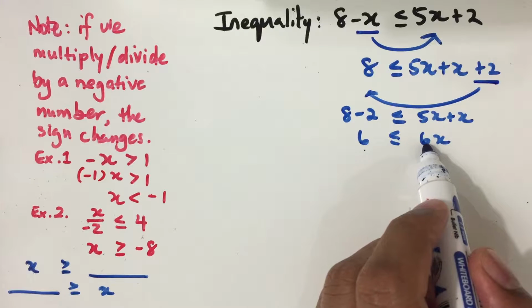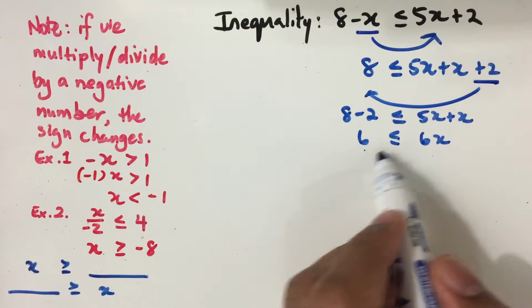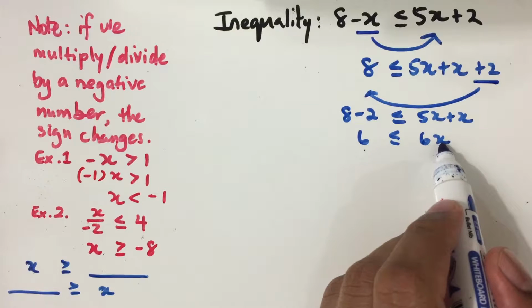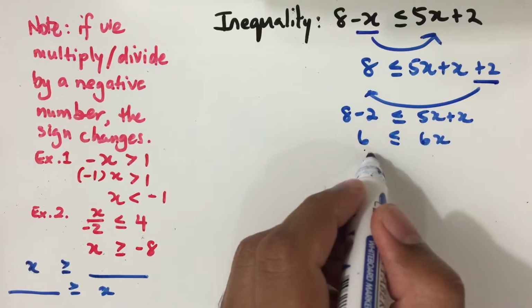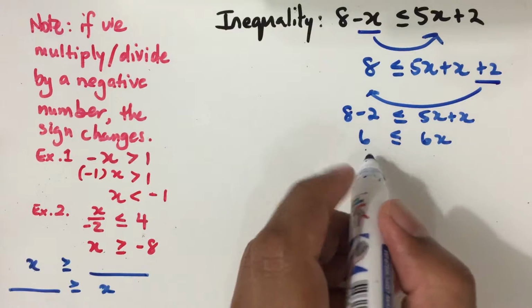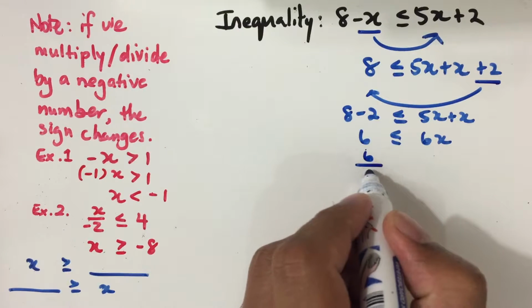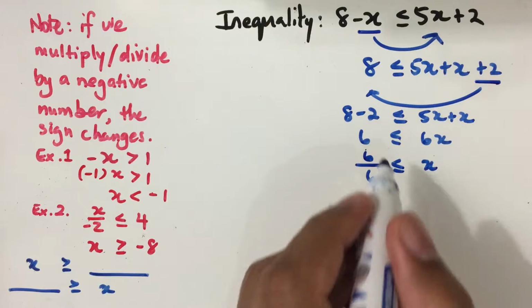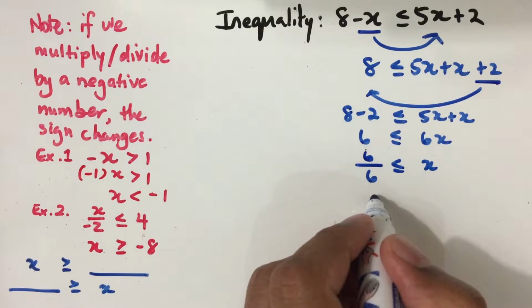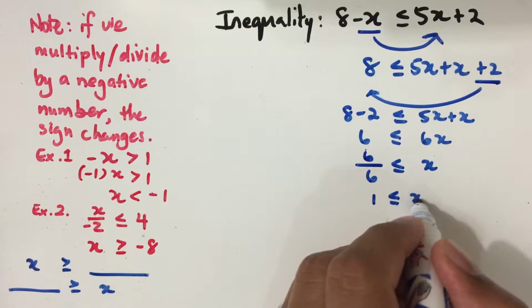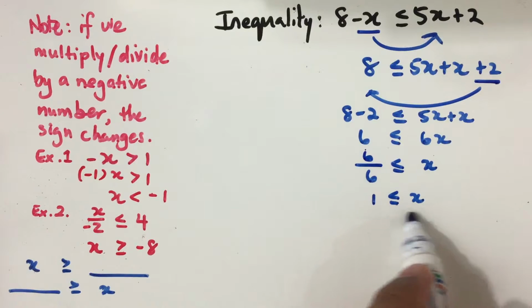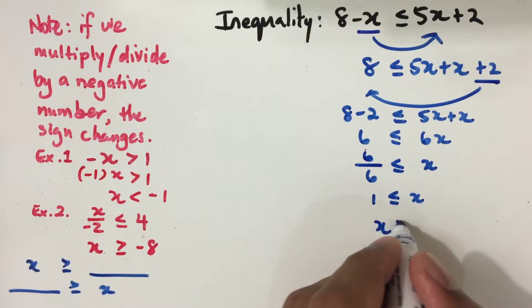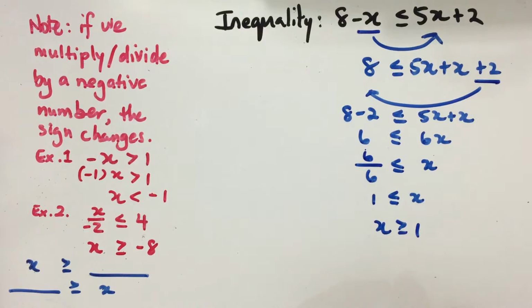To move the 6 over to the other side of the inequality, the 6 is multiplying by x. So when we bring it across, it should be dividing. So now it would be 6 divided by 6 is less than or equal to x. And 6 divided by 6 is 1, so 1 is less than or equal to x. Now notice that I can rewrite this as x is greater than or equal to 1 as well.